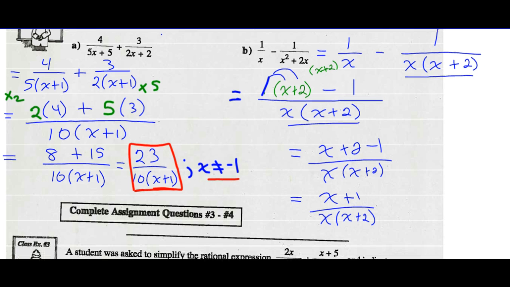So I look at my variable factors, x, well that can't equal 0, and x plus 2 non-permissible value, that can't be -2. I can't reduce any common factor of my numerator with any common factor of my denominator, so that's finished. And there are our restrictions on the variables. All right.